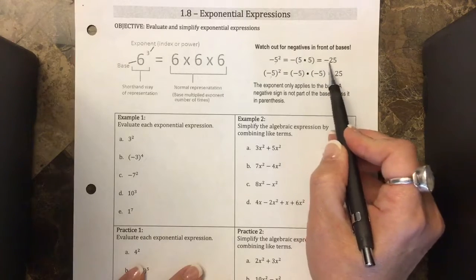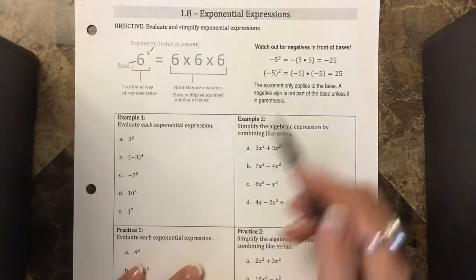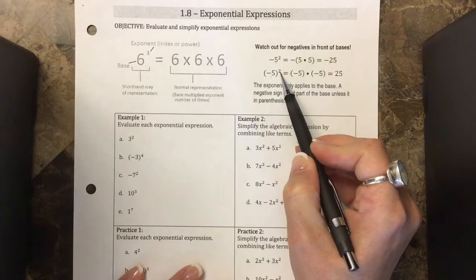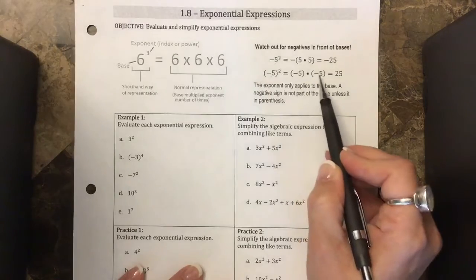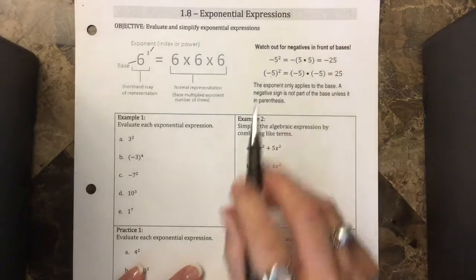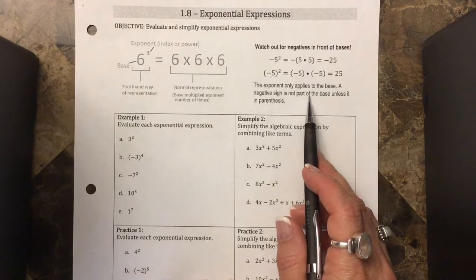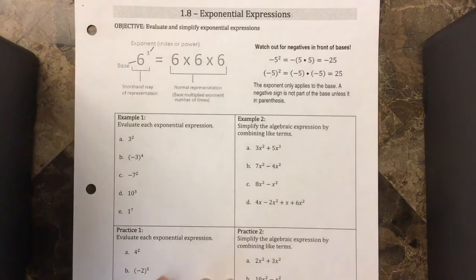Well, the negative of 5 times 5 is negative 25. Here, I'm saying negative 5 multiplied twice. Negative 5 times negative 5. That's positive 25. So the exponent only applies to the base. The negative is not part of what you're being multiplied over and over and over again unless it's in parentheses.